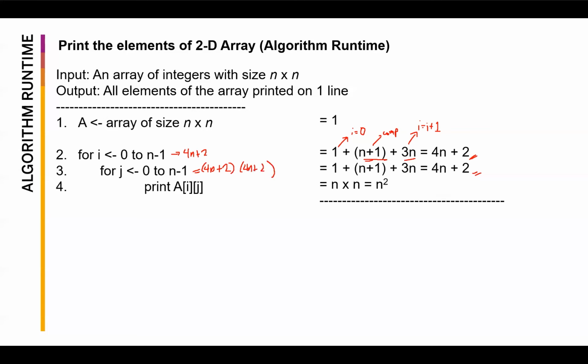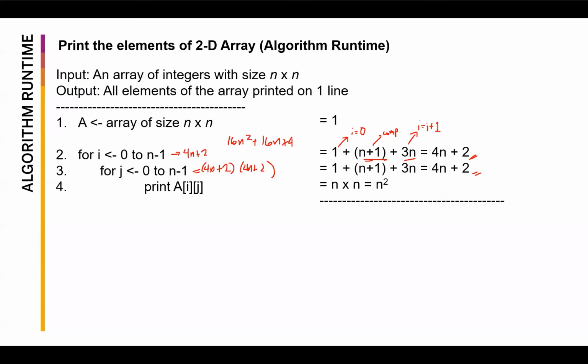So if we compute for this one, okay, so ano ba to? This means 16n squared plus 16n plus 4. So that's the number of operations simply by going for a nested loop.